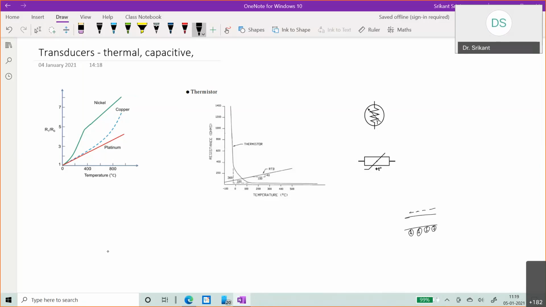There are also other materials like metals, which have a huge, I'm getting a lot of beeping sound.